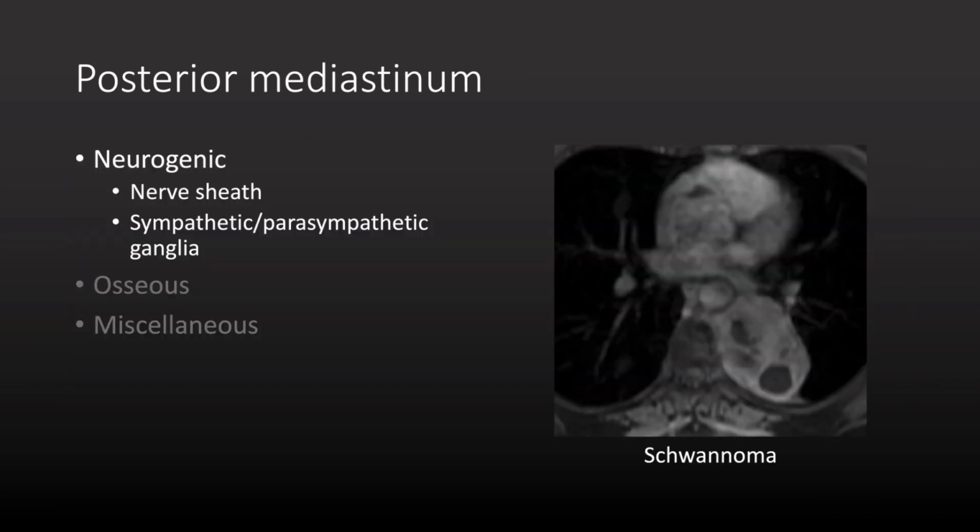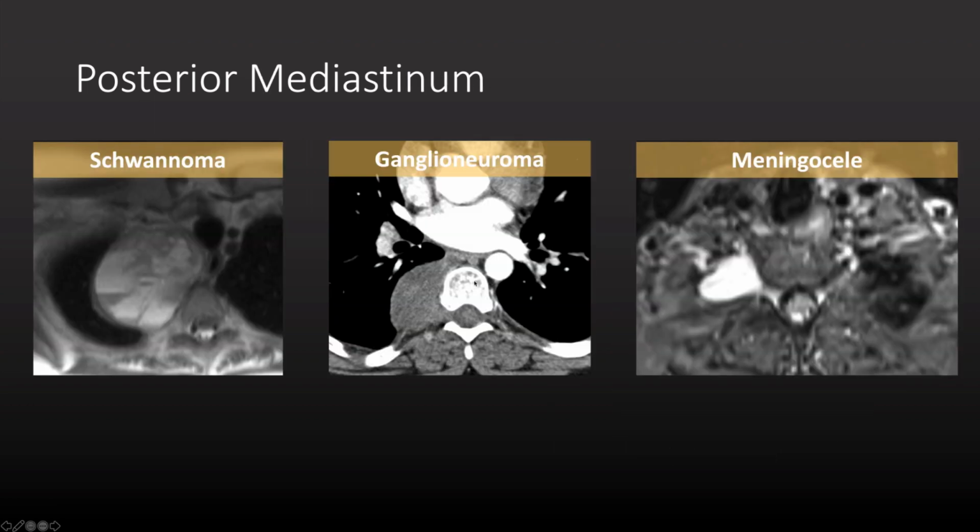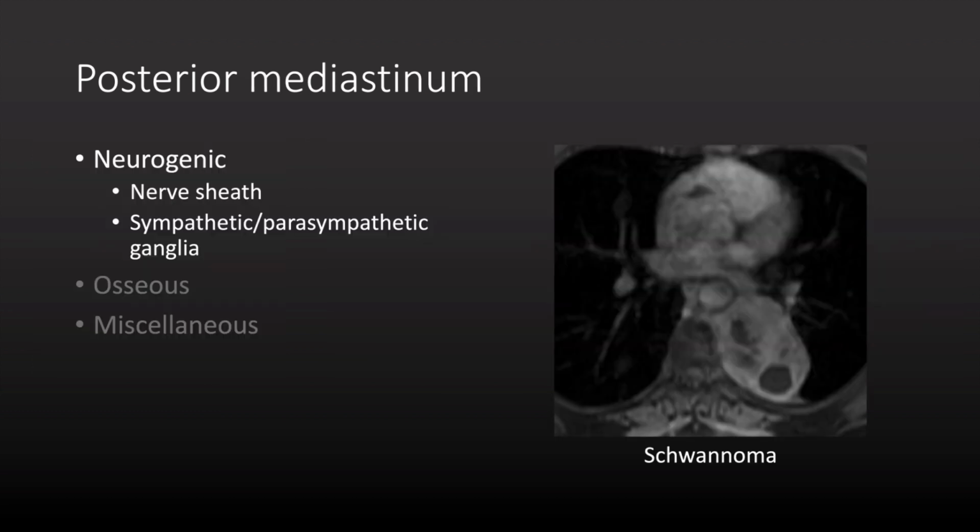The other lesions that we can see, sorry, I didn't put examples here, but we have an example here of a ganglioneuroma. These tend to arise from the ganglia and tend to be seen in younger patients. And then you can also see paragangliomas, as I had mentioned earlier, in the posterior mediastinal paraspinal location, again arising from these thoracic ganglia.